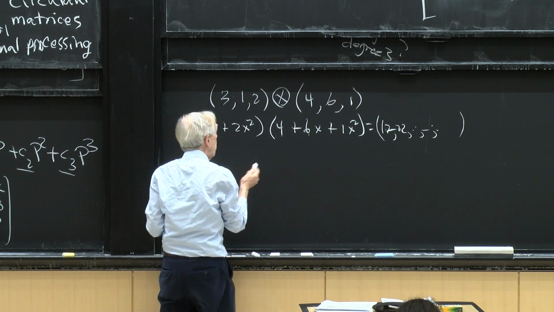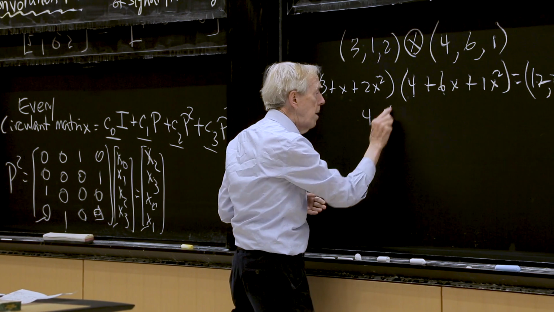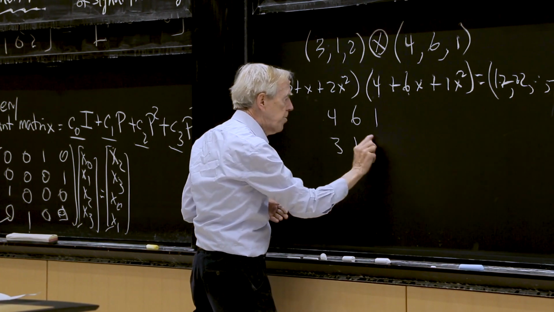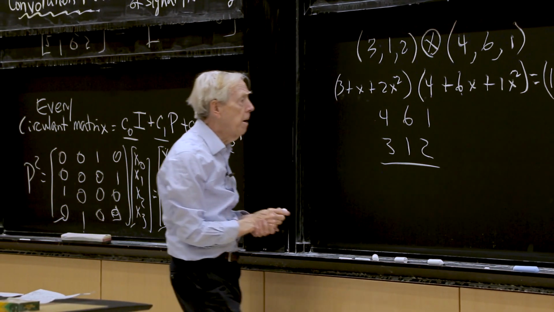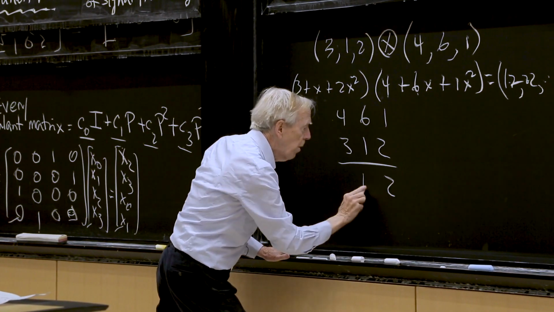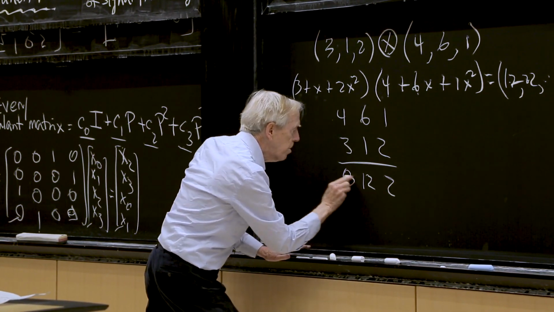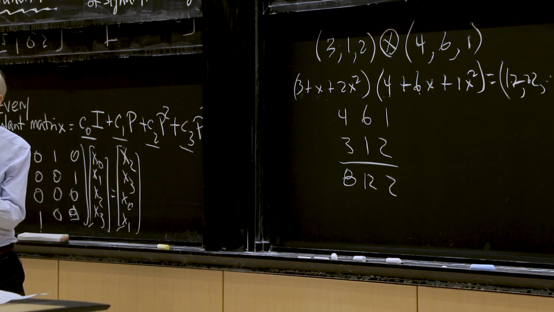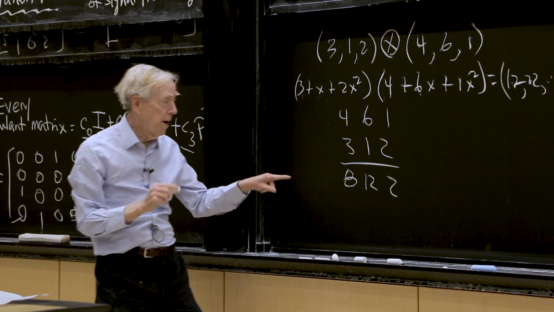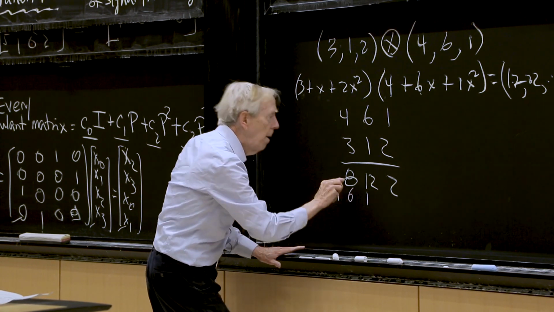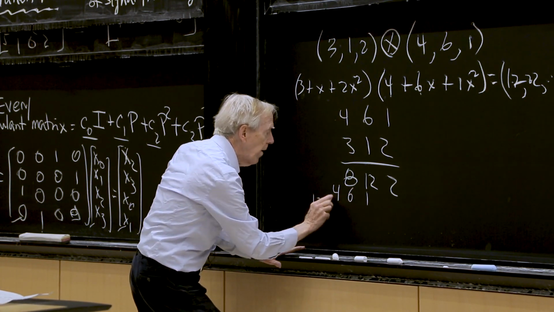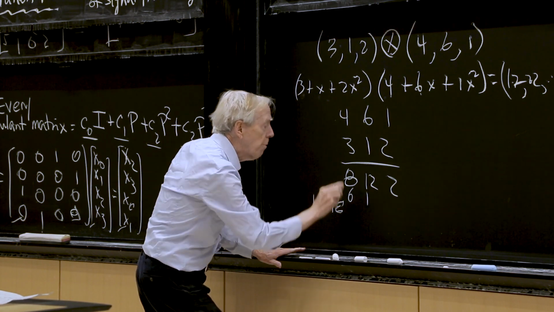And here's the way you wrote it in first grade. You haven't learned to carry yet. So 12 goes in there as 12. Then 1 times is 4, 6, 1. And 3 times is 12, 18, 3.